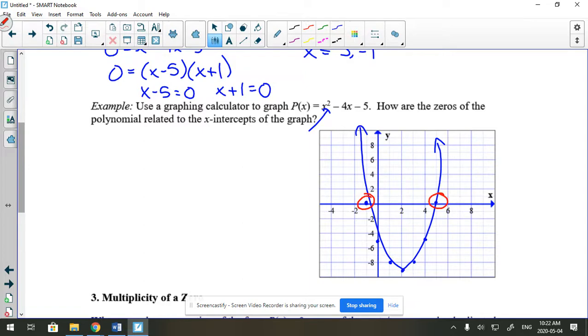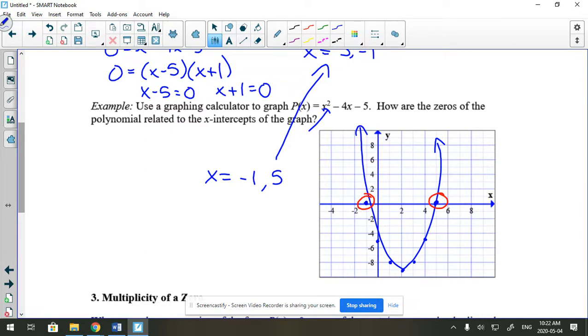They're here and here. Your x-intercepts are where x equals negative 1 and 5, which is the exact same thing we found here. So you can see if you have a factored form of your equation, you can easily find the zeros of the graph, and then that's going to tell you where these points are here and help you actually graph it. And we'll put this all together in a little bit, and I'll show you how it works together.